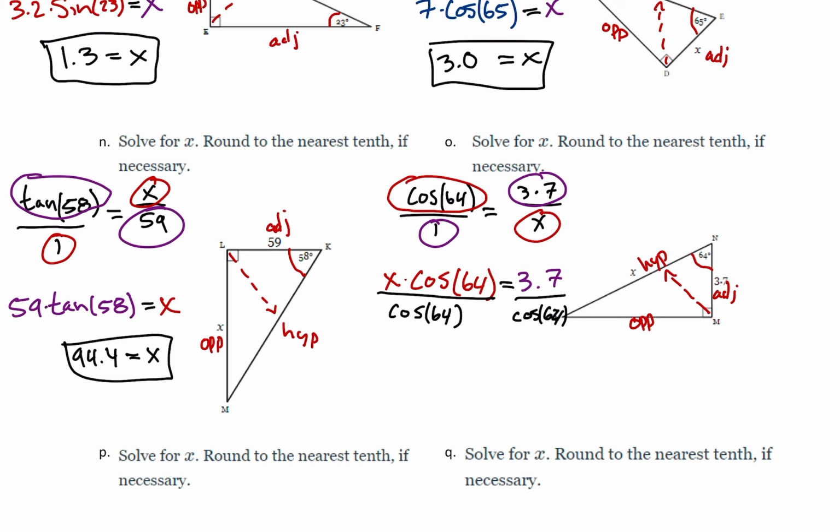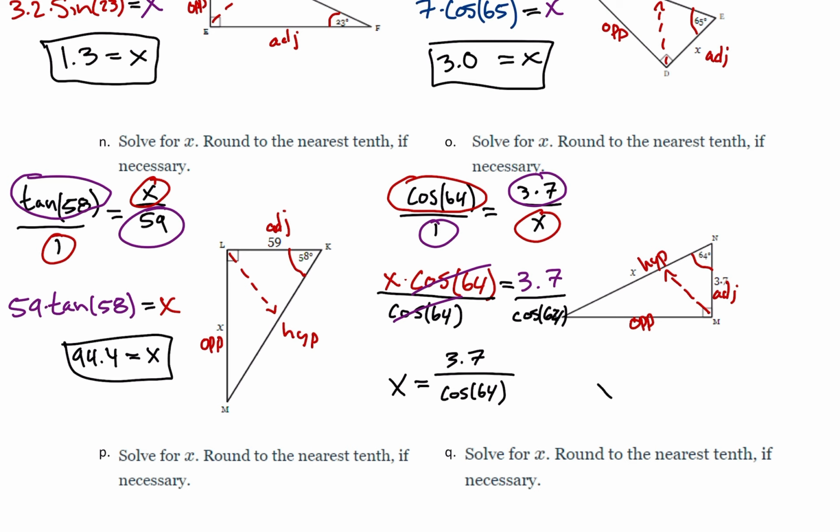When I divide both sides by the cosine of 64, these cancel with each other. And I just end up with x is equal to 3.7 over the cosine of 64. And now x is all by itself on one side of the equation. So now I can put 3.7 divided by cosine of 64 into my calculator.